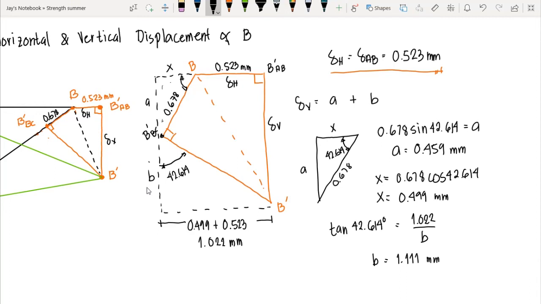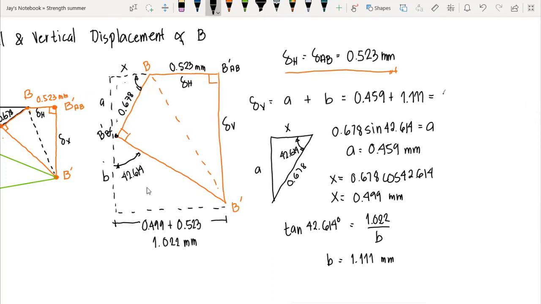To compute for the vertical displacement, we add A and B: 0.459 plus 1.111 is equal to 1.57 millimeters. So this is the vertical displacement of joint B, or the point B.